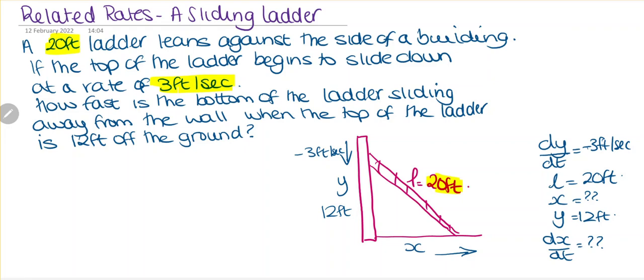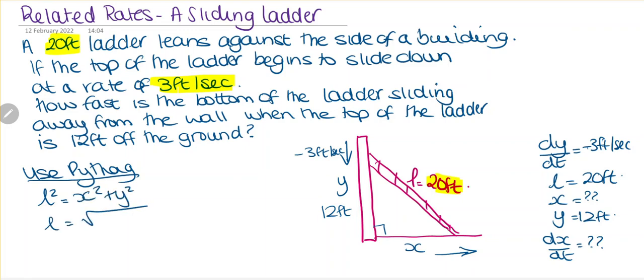So we can do this. We'll notice this is a right angle triangle and we can use Pythagoras. Pythagoras tells us that the longest side, L squared, is equal to X squared plus Y squared. Let's rearrange first.